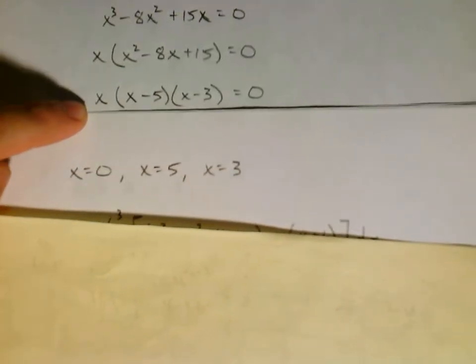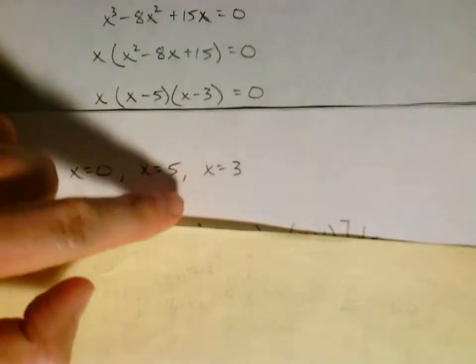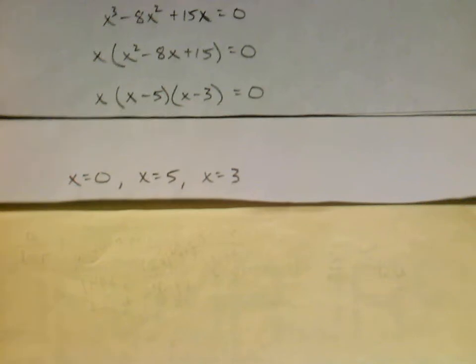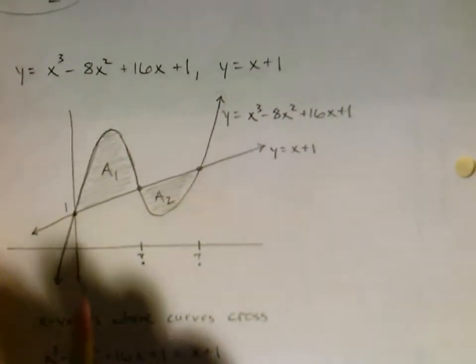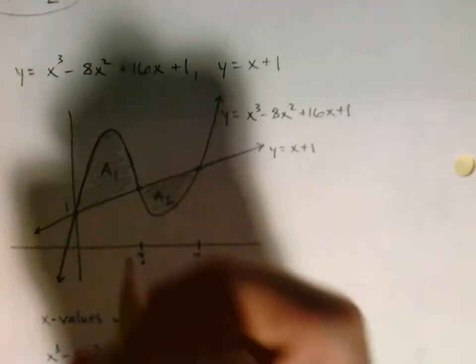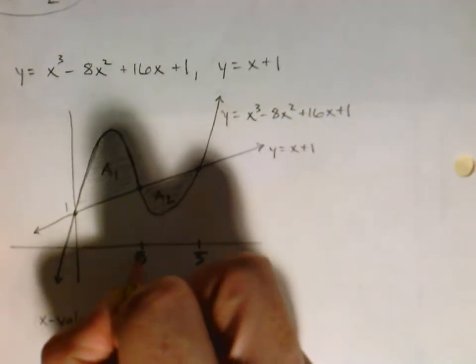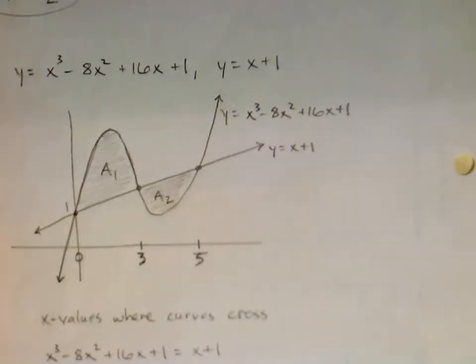So 0, 5, and 3. Boom, boom, boom. Okay, I think I will go back to my sketch and put those in. So I knew 0 already, but then this is 3 and this is 5. 0, 3, 5. Okay, well, those came out pretty nice.